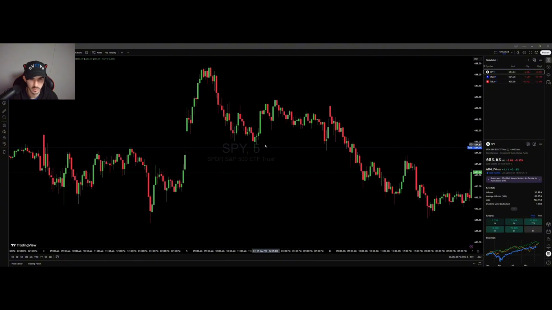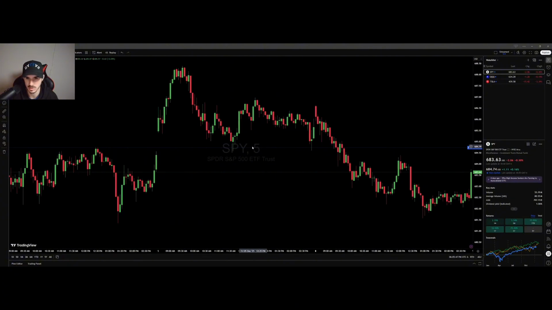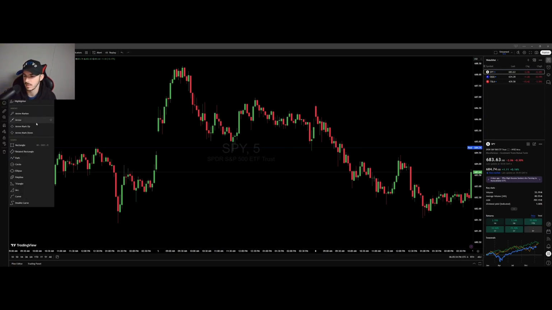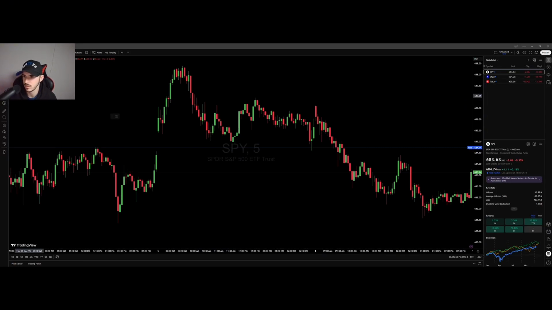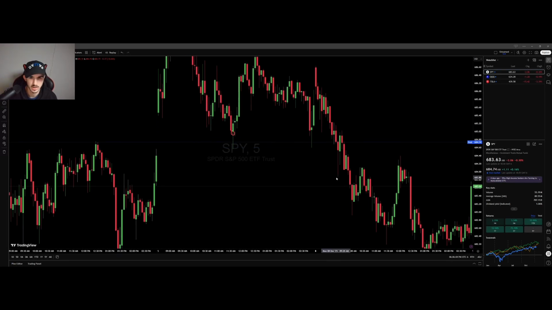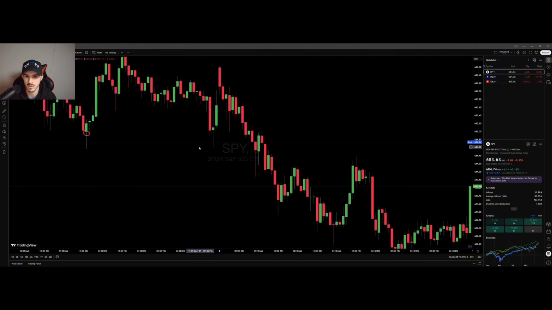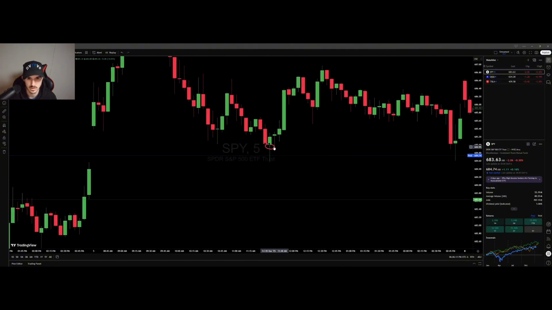All right, so this would actually be a pretty decent example here, and a pretty decent example of a trade I would take. So right here, you guys can see on the chart that we have this candle right here. Now, why do I care about this candle at all? Well, this is going to be the bullish hammer right here.